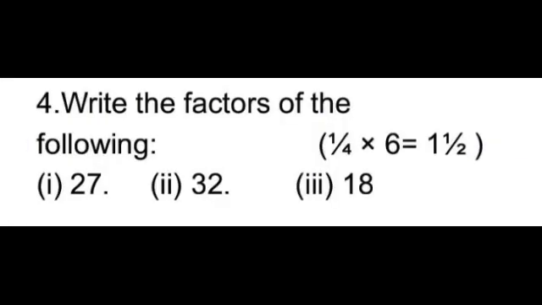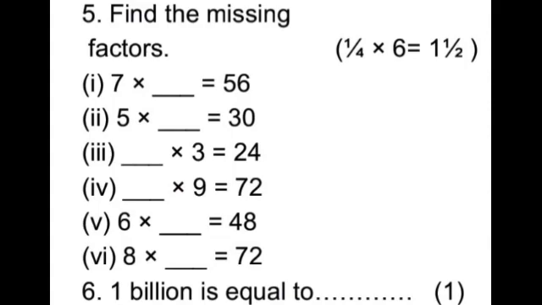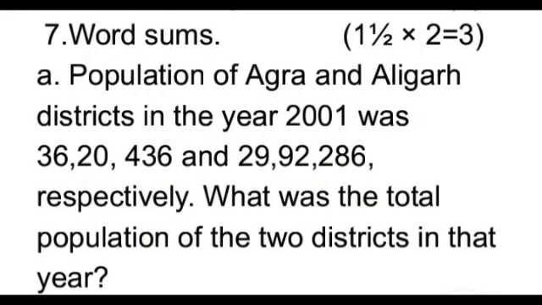Here you have to write all the factors of the following numbers. Find the missing factors. Here in some questions you have to multiply, in some you have to divide. Question number 6 is also there. Question number 7 is word sums. 2 questions are there. Please solve them with proper steps.